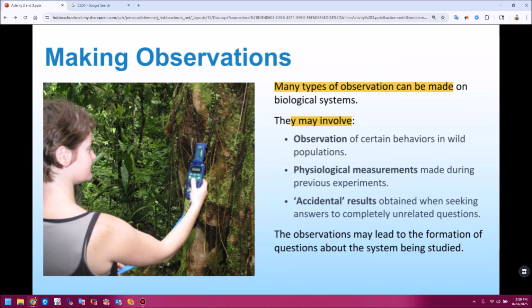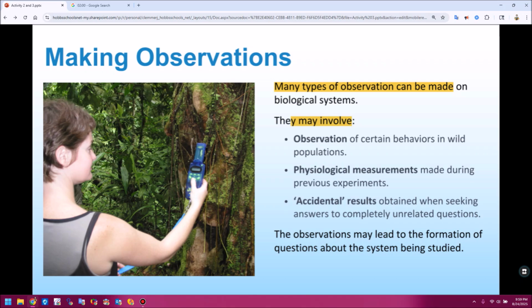These observations may actually lead to more questions. There are two basic types of observations you make in a biological system: qualitative observations and quantitative observations. I will write these on the board.